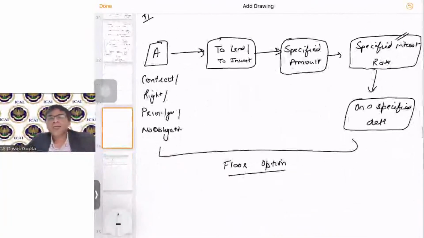Similarly here, if the percentage goes down below the specified interest rate, because here the person is investing. While investing, I would want the maximum returns. So if the interest rate goes below the specified rate, then this A will be exercised. Okay, students?